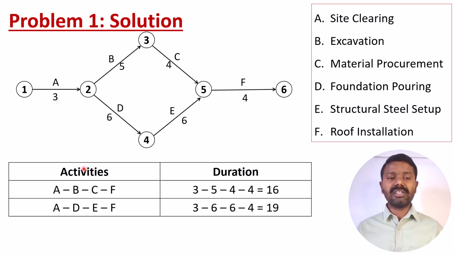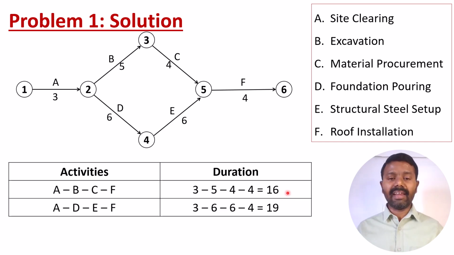Now let us first see the first path. So here these are the activities and this is the path. I am just calculating the duration. So let us say I am taking the path A, B, C and F. In this path, let me calculate the time duration. A is taking 3 months, B is taking 5 months, C is taking 4 months and F is taking 4 months.